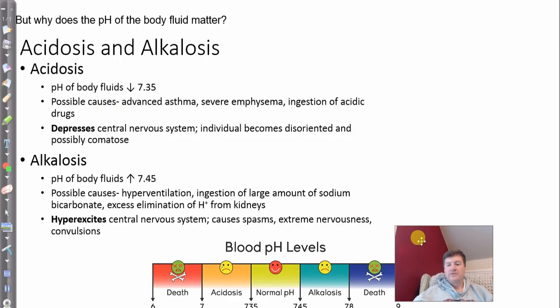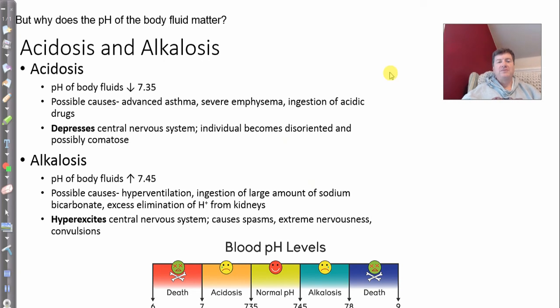So what, who cares? Okay, why does the pH matter at all? Why do we have to know this stuff? Because this can directly affect metabolism. A condition known as acidosis is when the pH of the body fluids, particularly the blood, drops below 7.35. Remember the normal pH of blood is about 7.4. A pH drop to 7.35 can be caused by asthma, emphysema, ingesting acids.